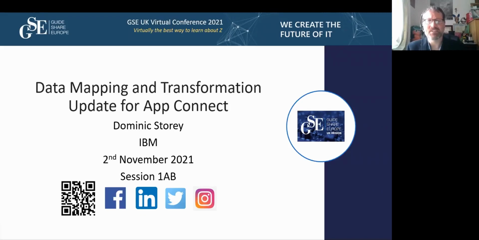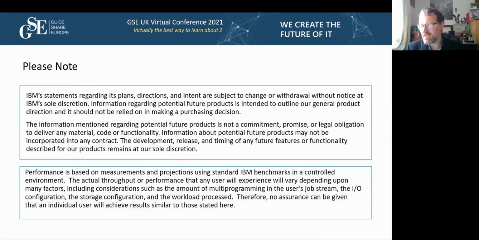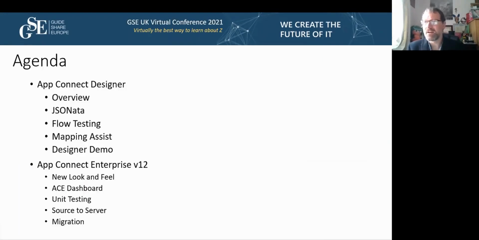And so the presentation today, I'm going to go through our App Connect Designer, so an overview of our App Connect Designer offering with various dive-ins, so going over JSON Schema, a bit of how we do flow testing in the App Connect Designer, mapping assist, and then a demo, so a brief 5-10 minute demo of App Connect Designer. And then I'll go through some of the new V12 ACE that's just been released over the past few months.